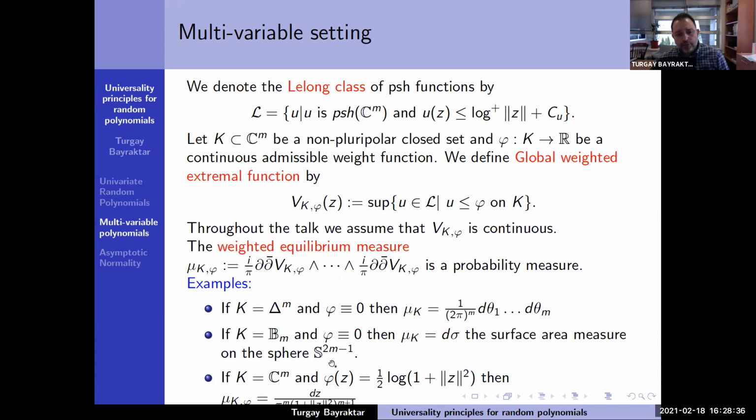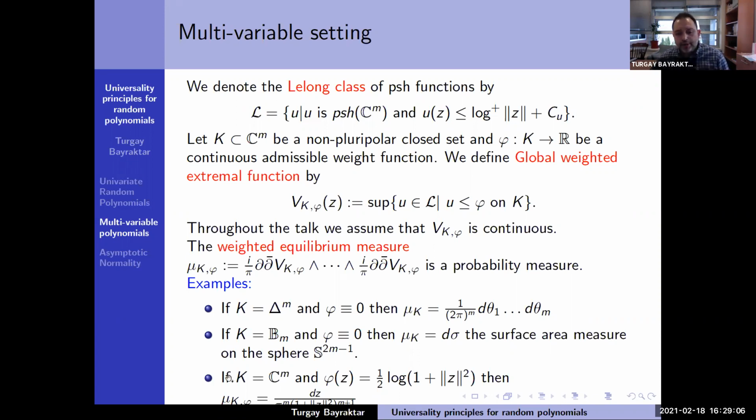And finally, if you choose your K to be all of C^m and phi to be 1/2 log(1 plus |z|^2), so you see this is the potential. If you take this and calculate its Monge-Ampère, this gives you the Fubini-Study measure, some constant times 1 over (1 plus |z|^2) to the power m plus 1, where m is the dimension.